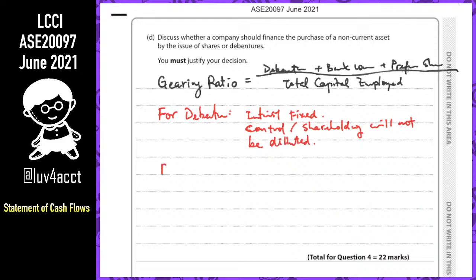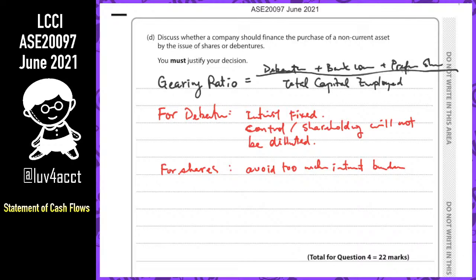But if you want to go for issuing shares, then you can say it avoids too much interest burden.